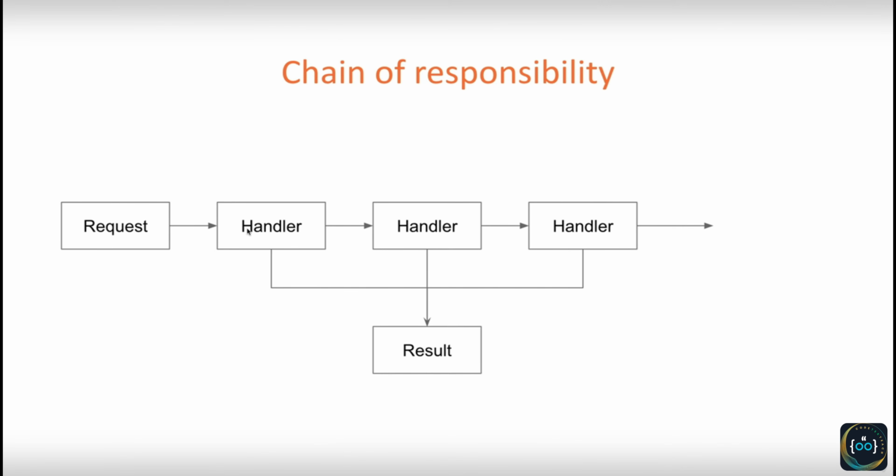And if the request moves on, the next handler does the same thing: either processes it and consumes it, or simply hands it over to the next handler, depending on the logic that is implemented in that particular handler. Okay, so you will find this pattern quite often in various systems where you have multiple components in your system that can handle a specific request.